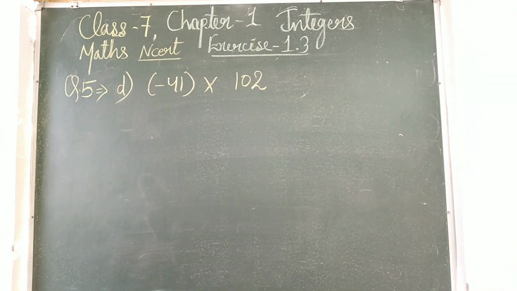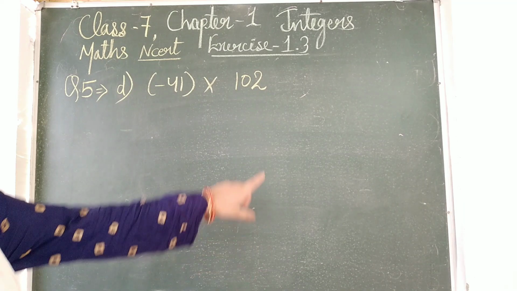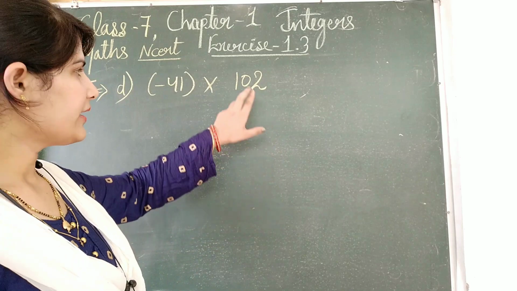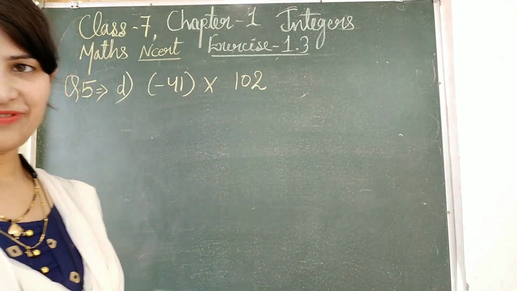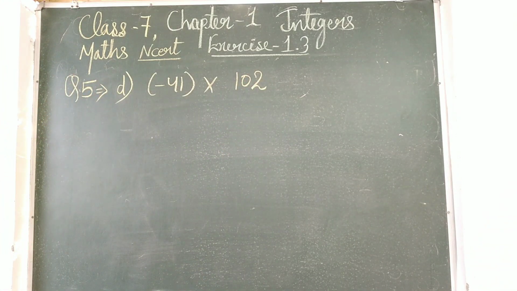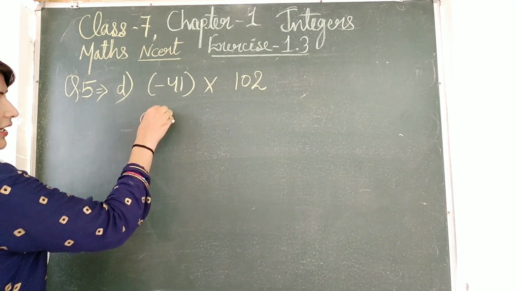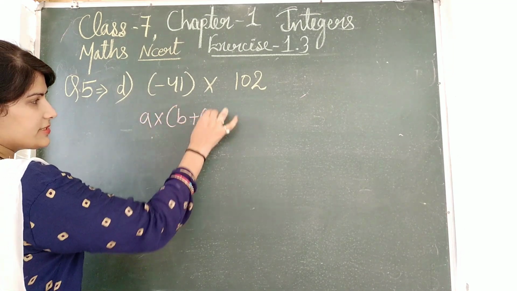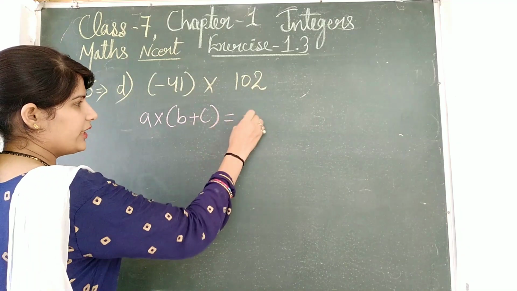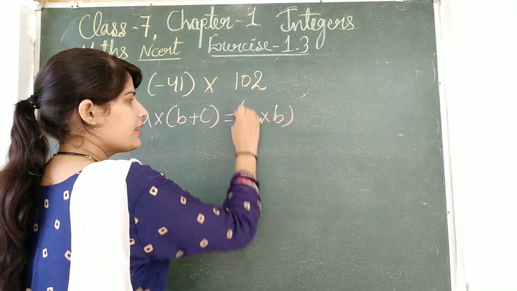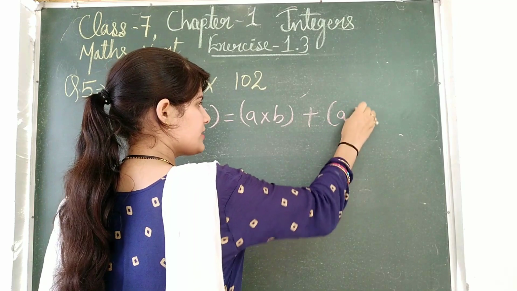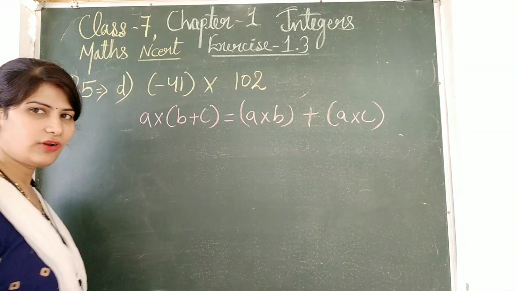This question: minus 41 into 102. Can we separate 102 as 100 plus 2? Yes, we can separate. So this equation is in the form of distributive law of multiplication over addition. What is the distributive law? A into B plus C equals A into B plus A into C. See, this is our distributive law, right?